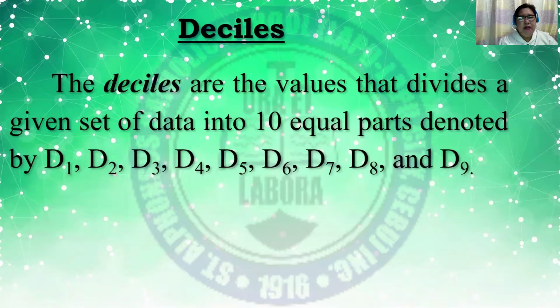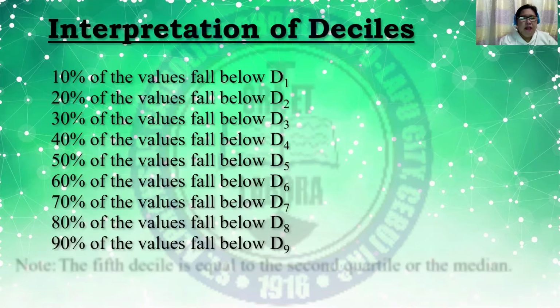Deciles are the values that divide a given set of data into 10 equal parts, denoted by D sub 1, D sub 2, D sub 3 until D sub 9. The interpretations are: the first decile will mean 10% of the values fall below D1.